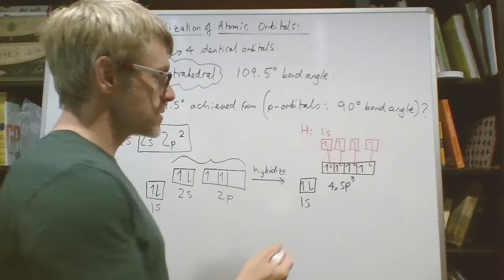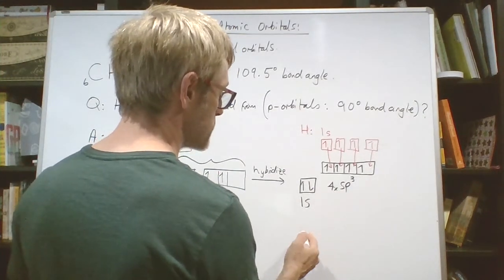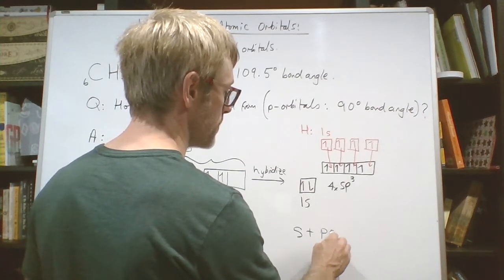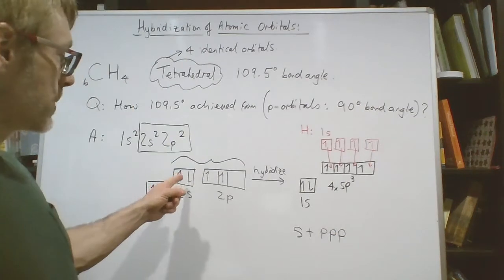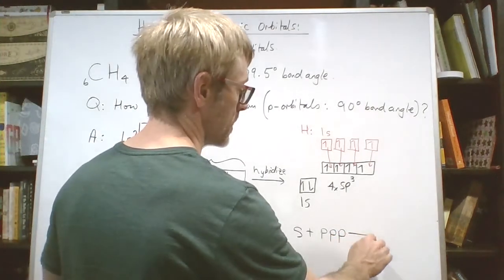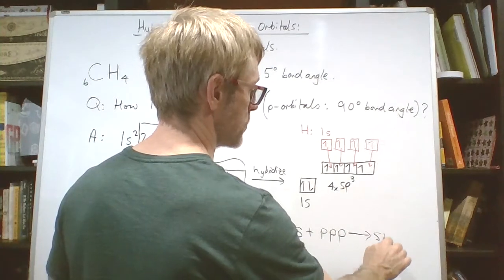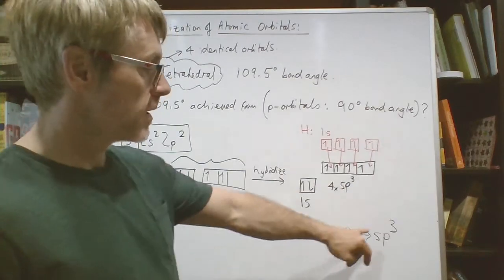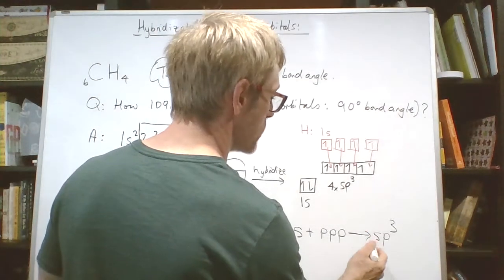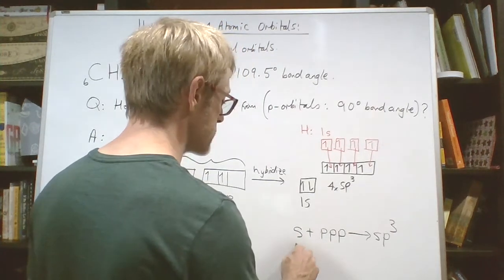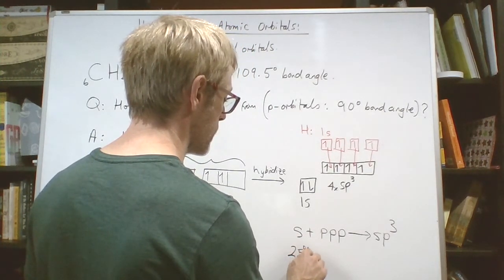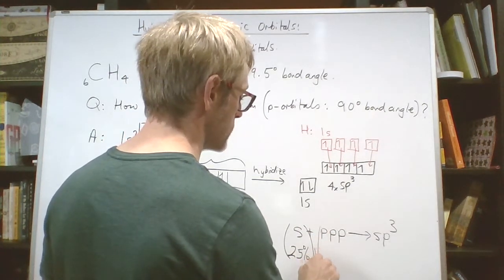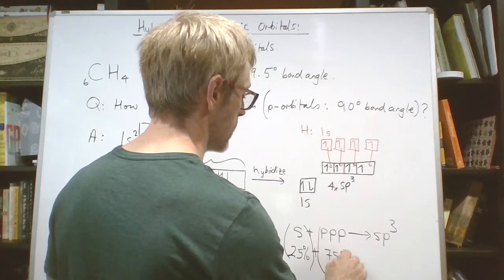And a way to look at this would be to say, if we've got an sp3 hybrid, we essentially mixed an s and 3 p's, because that's what we did. So we got an sp3 level of hybridization. We have 4 of them, each box is one of them. We can say that this sp3 hybrid is 25% s and 75% p.